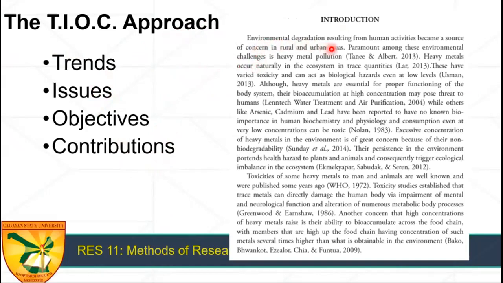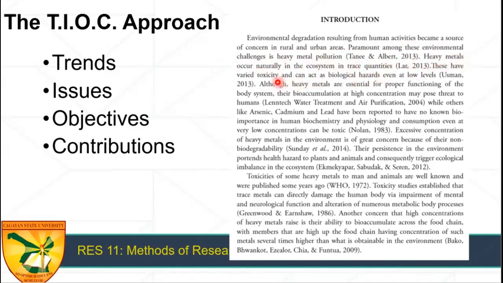So there's environmental degradation resulting from human activities, which became a source of concern in rural and urban areas. So paramount among these environmental challenges is heavy metal pollution. So it talked about heavy metals and then the issues.